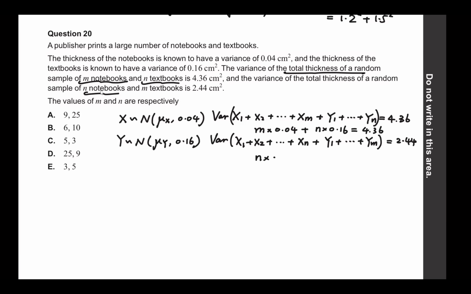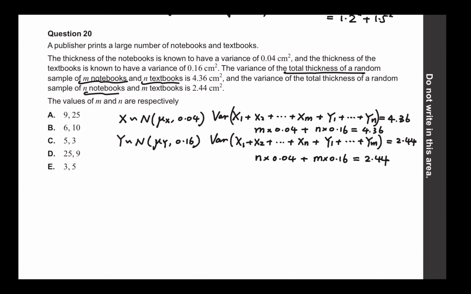And N times 0.04 plus M times 0.16 equals to 2.44. Eventually, you just need to solve these two equations simultaneously, okay? And the reason why I don't take the M out and square it is because these are a number of individual independent items. You could not treat it like a dilation factor. Otherwise, you will result in incorrect answers, okay?